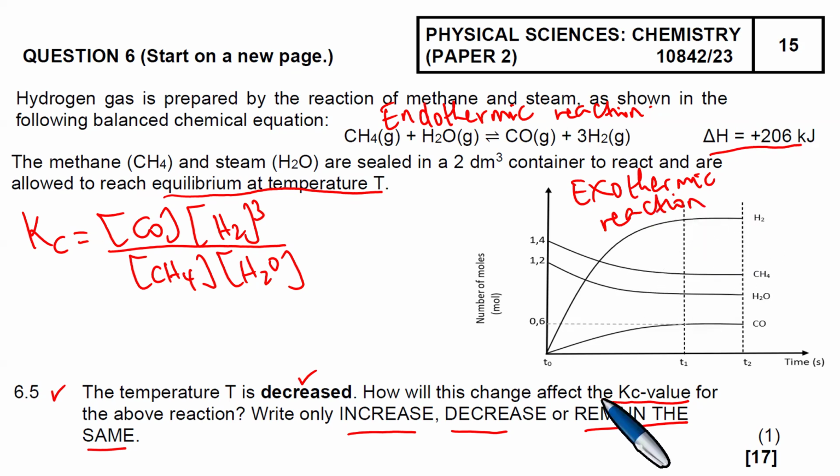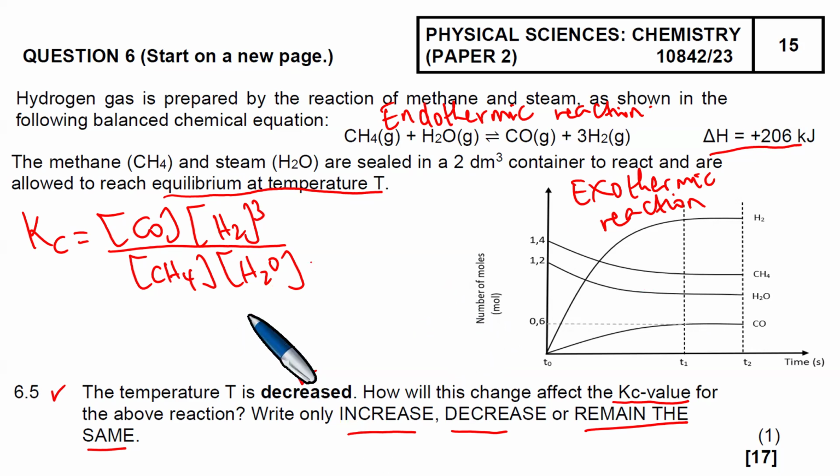You need to explain. The difference is that endothermic requires heat to go on. In other words, endothermic absorbs heat, but exothermic releases heat to the surroundings.